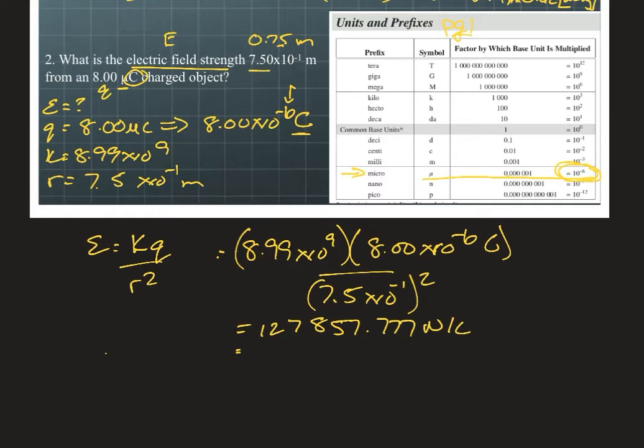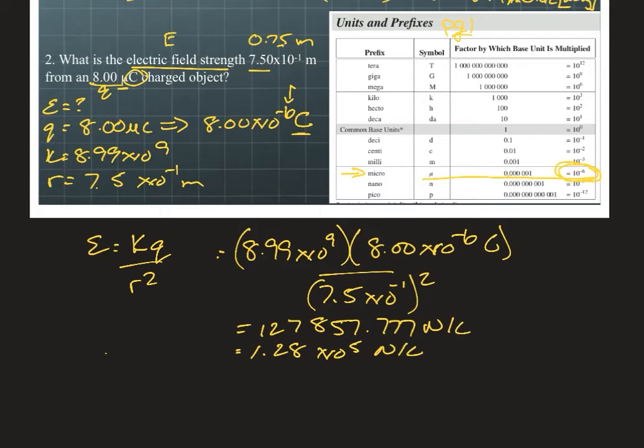I've got 3 sig digs and 3 sig digs, so I'm going to change this to 1.28, and I need the rest of those values to the 5th newtons per coulomb. And you could even try and figure out the direction. Unfortunately, we don't know the positive or negative charge of that 8 microcoulomb, so we're just going to leave that.